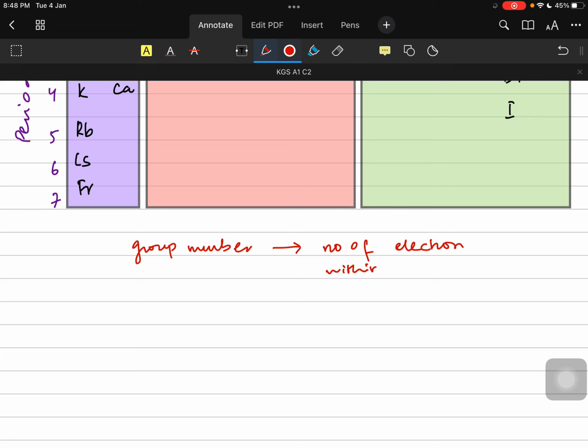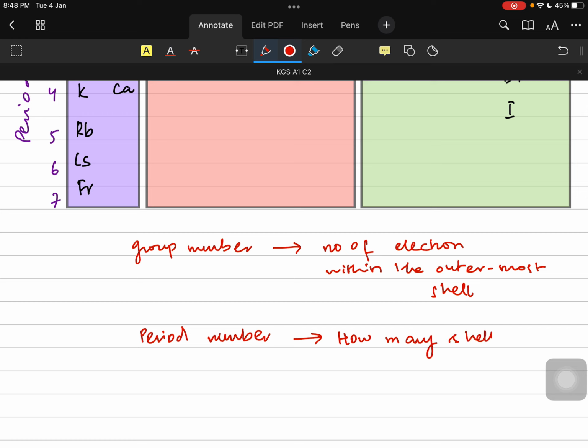So group number tells us how many electrons are present within the outermost shell, which means the valence shell. This is what the group number tells us. And the period number tells us how many shells in total.